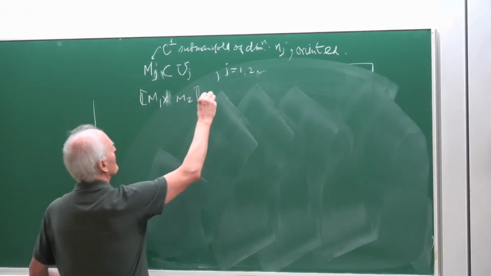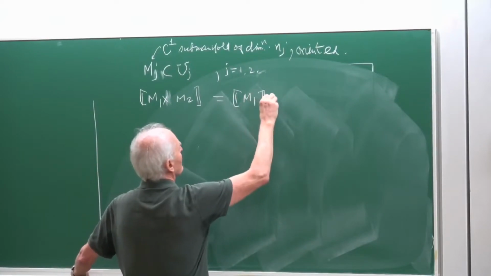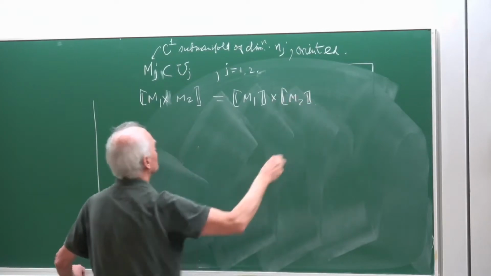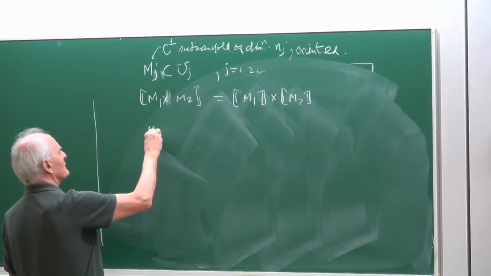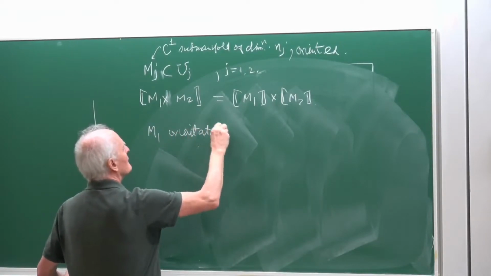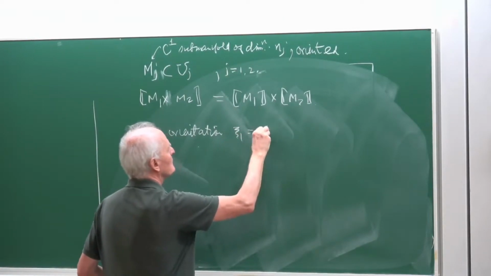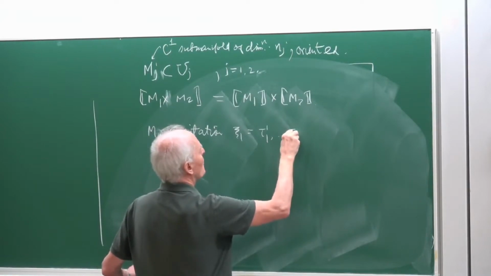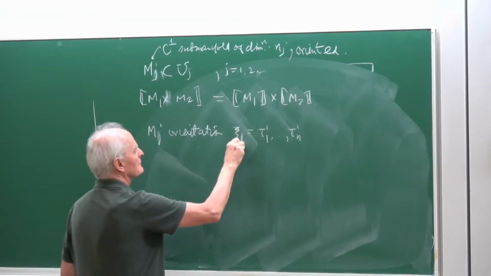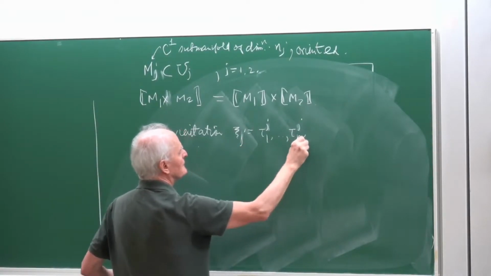So what's the right definition of that? Well, obviously, we'd want this to work out. So let's work out these. M1 would have an orientation xi1, let's call it. And remember, that would just be tau11 wedge up to tau1N1. So generally, Mj would have an orientation xi j, which would be a wedge product of an orthonormal basis for the tangent space.